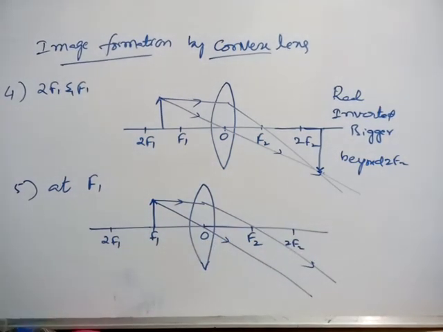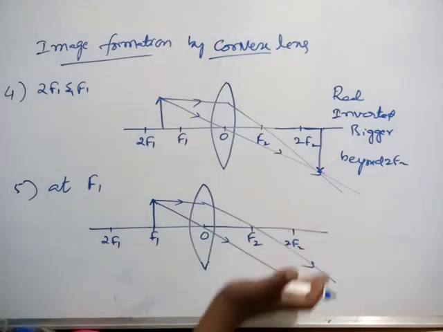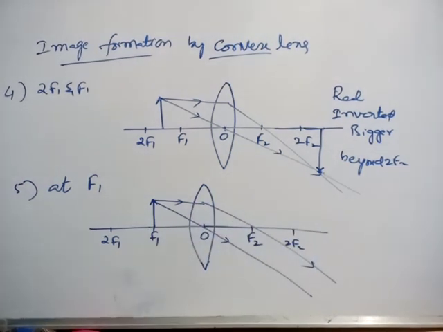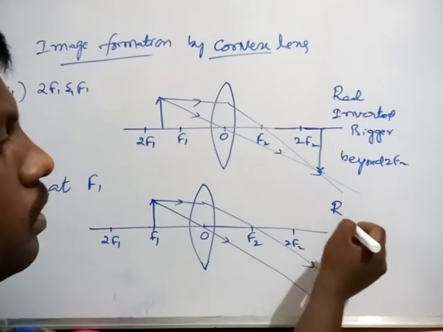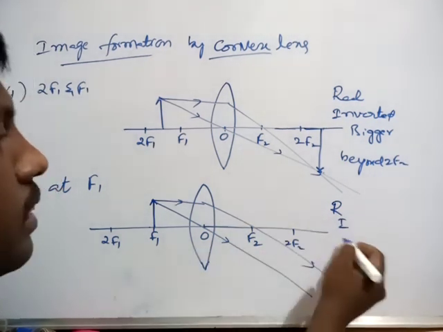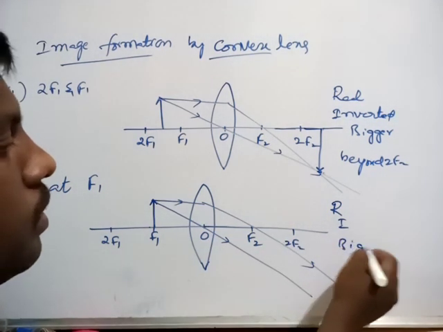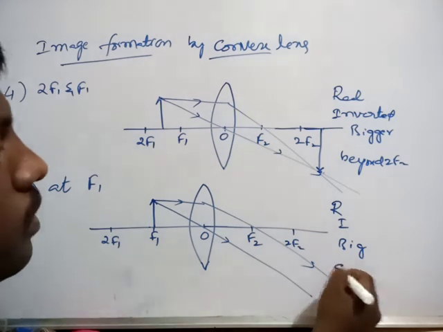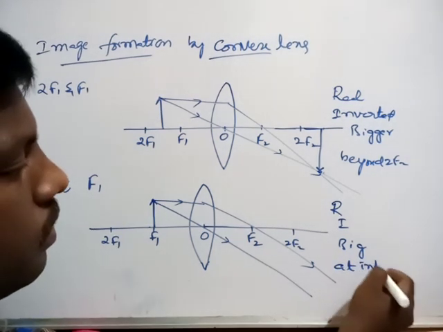So we will say that they intersect at infinity distance. Anyway, the image is formed below the principal axis only. Again a real image, inverted image, bigger in size, and formed at infinity.